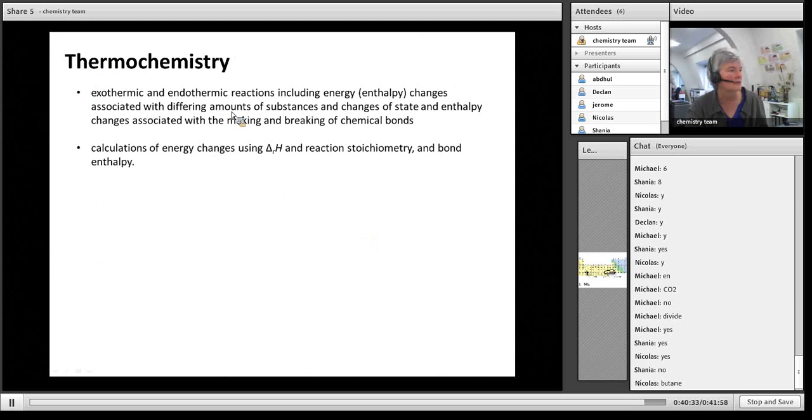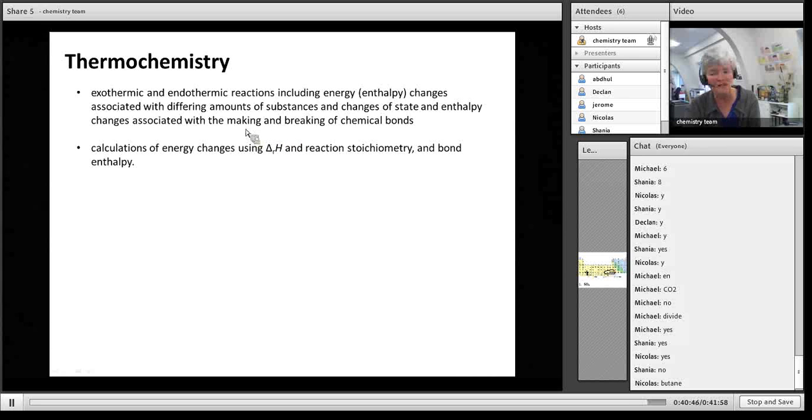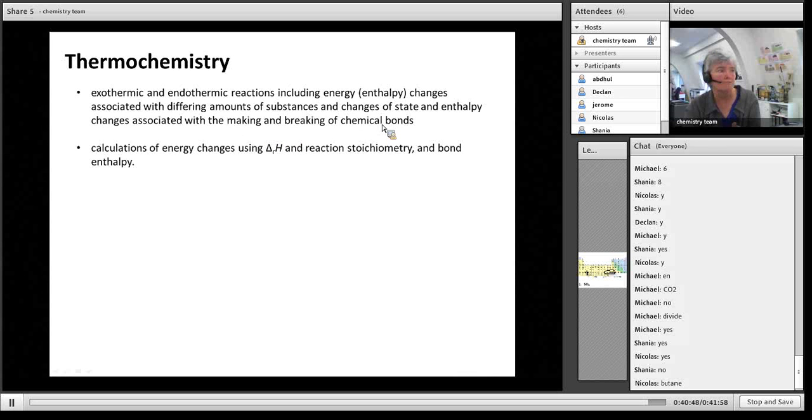So we've done the enthalpy changes with the differing amounts of substances. We've looked at changes of state, so you need to be able to say, is freezing exothermic or endothermic, and why? Okay, and then doing the making and breaking of chemical bonds, which could be via bond enthalpy, or it could be what we did just now, like that butane and so on.